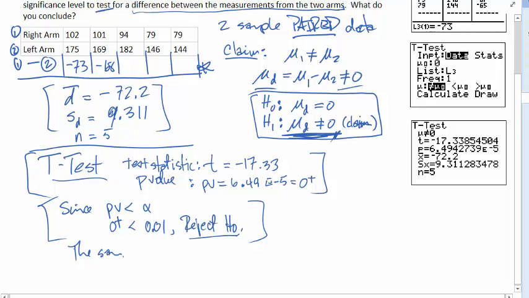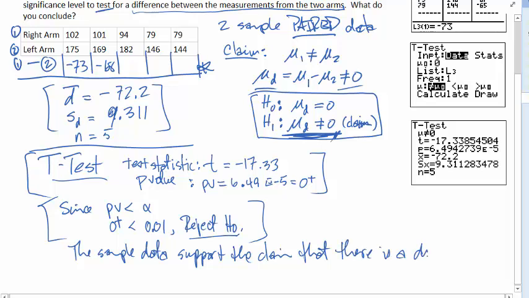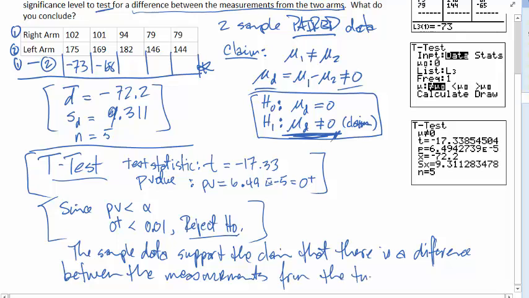The sample data support the claim that, and we want to look at the claim, there is a difference between the measurements from the two arms.